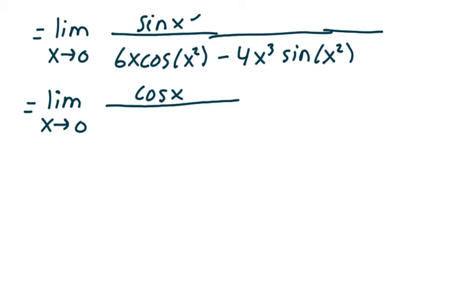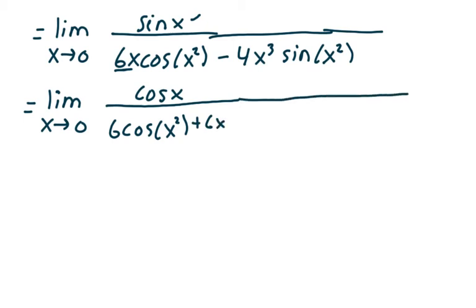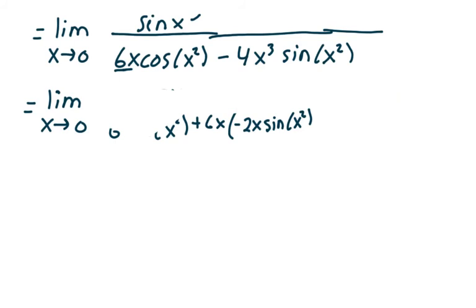So I'm going to take the derivative of sine x, and I'm going to take the derivative of 6x, which is 6, and multiply by cosine of x squared, plus 6x times negative 2x sine of x squared. Okay. Here, we're going to make a little room here. This is going to take room.